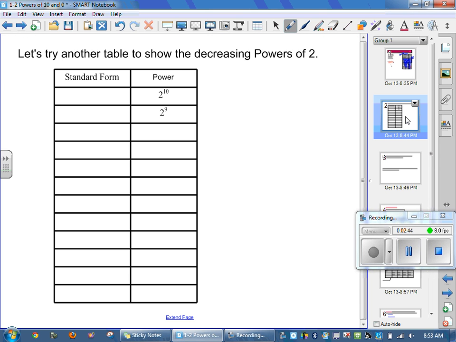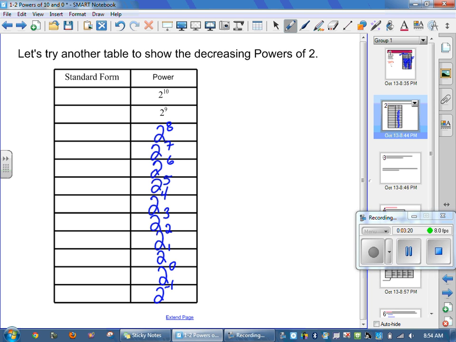Alright, here's powers of 2. So let's start on the right hand side for our power. We've got 2 exponent 10, 2 exponent 9. What's next? 2 exponent 8, 2 exponent 7, 2 exponent 6, 2 exponent 5, 2 exponent 4, 2 cubed, 2 squared, 2 exponent 1, 2 to the 0, and now we get into the negatives, 2 to the negative 1.